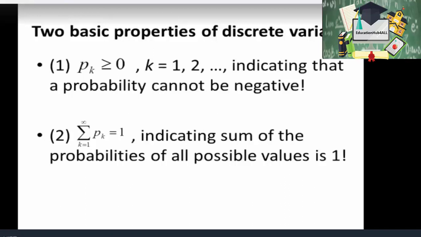If we consider them all, the probability is equal to 1. So these are the two requirements for probabilities.